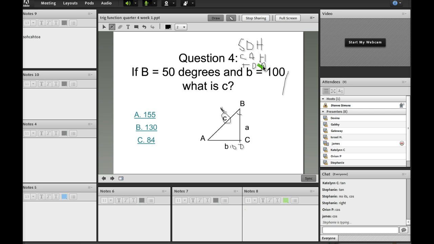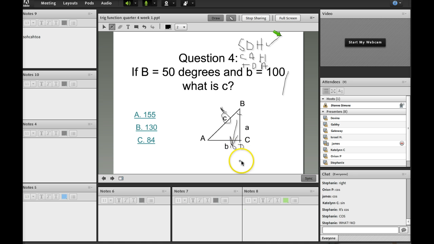So what trig function am I going to use? What trig function? I am going to use sine. Opposite. The side is opposite. So it's this one right here. Okay? You guys good with that?